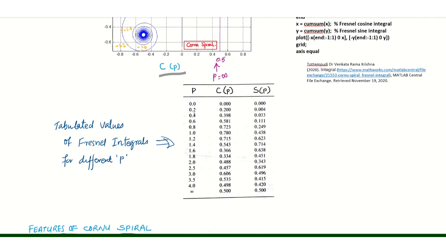Then you can also make tables: if you have a value of P equal to 0, C0 is 0, S0 is 0, and so on, 0.2, 0.4, all these things. And in the limiting case, when you have P equal to infinity, you get 0.5. The value will be 0.5.